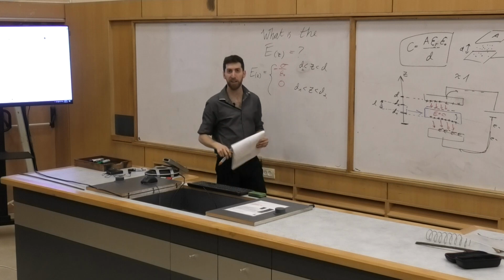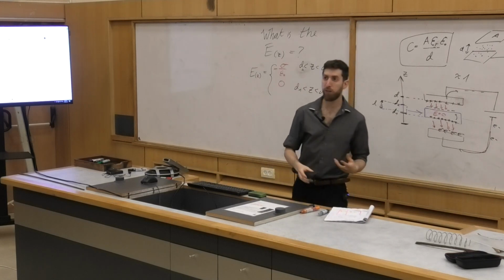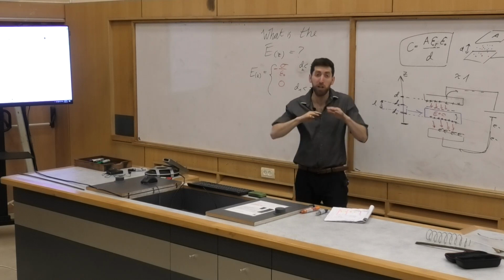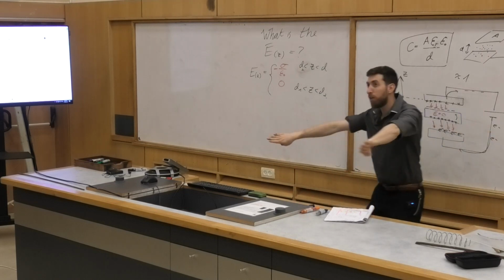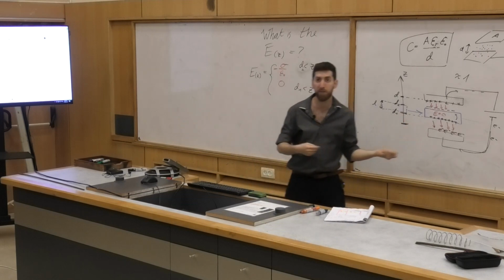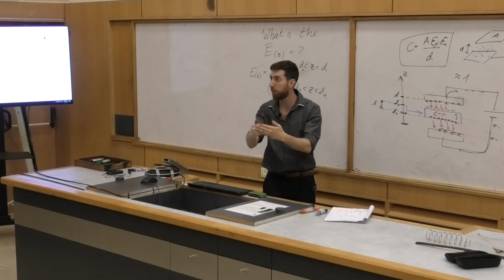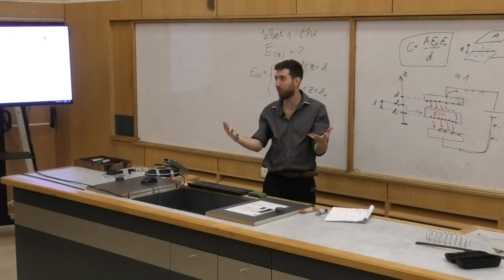Why do we have inside a conductor an electric field of 0? What is a conductor? A conductor is a material where the charge can go around freely. That's the idea of a conductor. The charges can just move however they want. If there is an electric field, the charges would move according to the electric field and cancel it out, right?